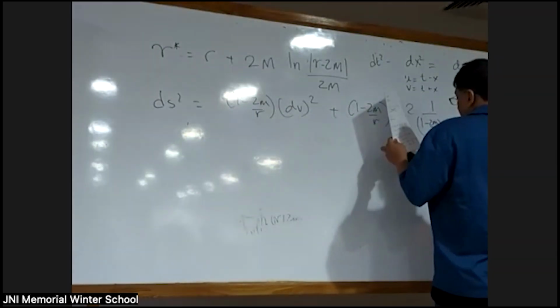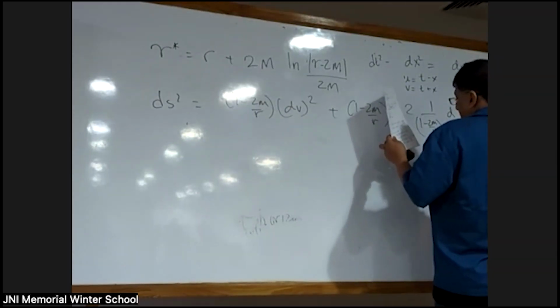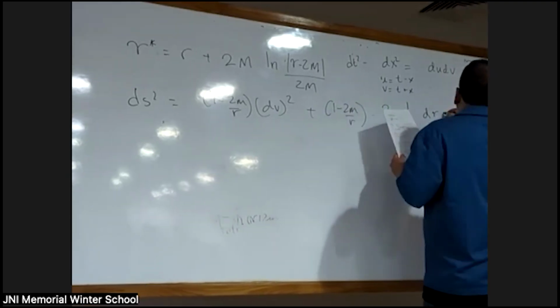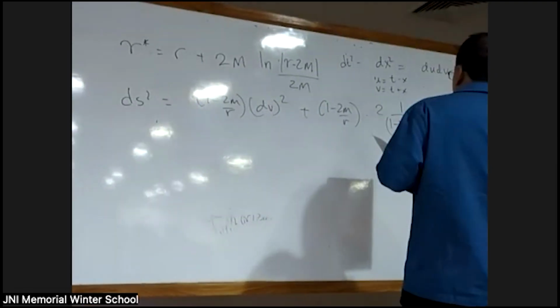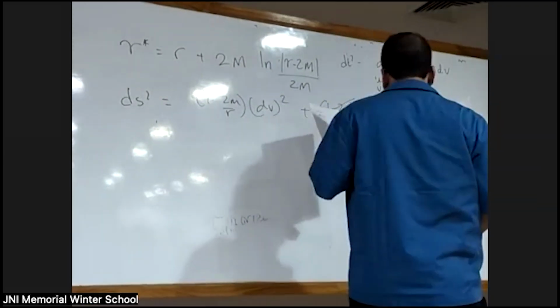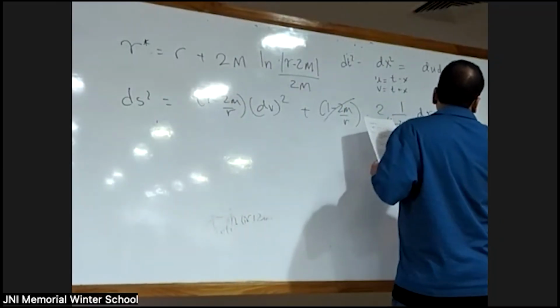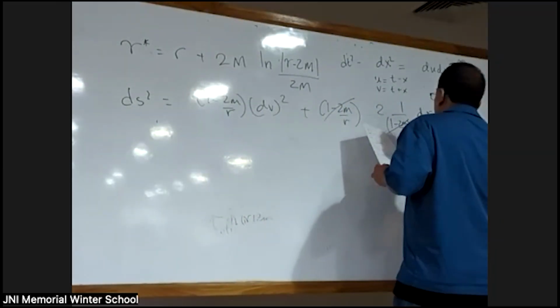Then I have here a dr and a dv. So notice these cancel. And then I have plus r squared d omega squared.